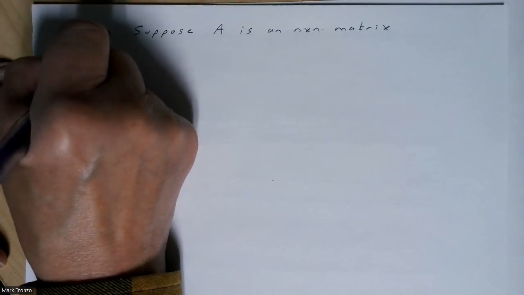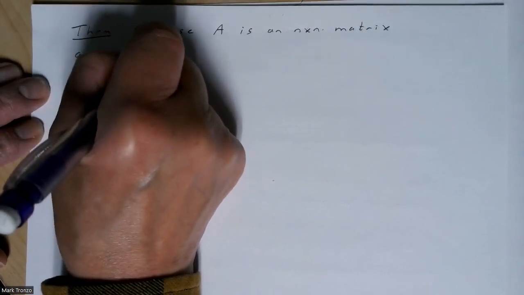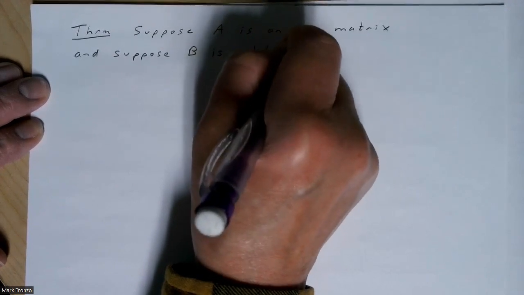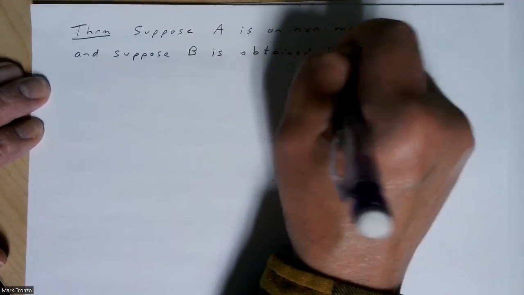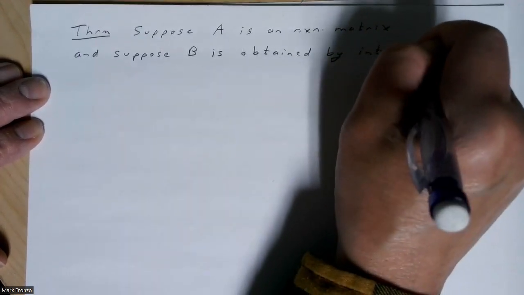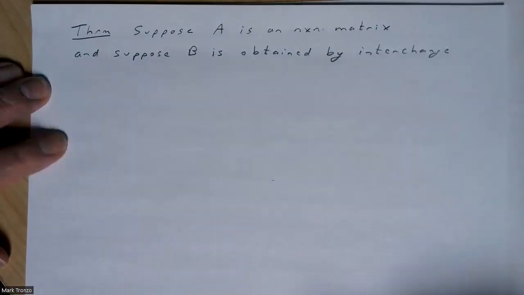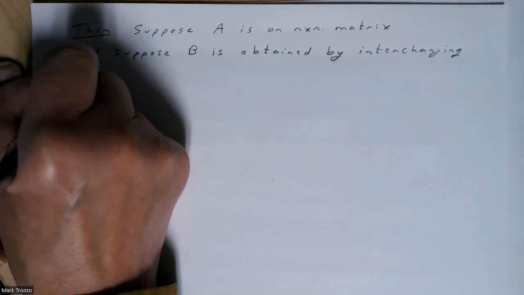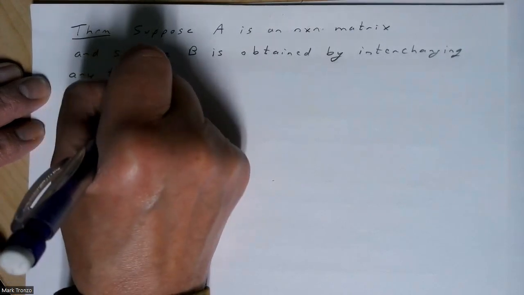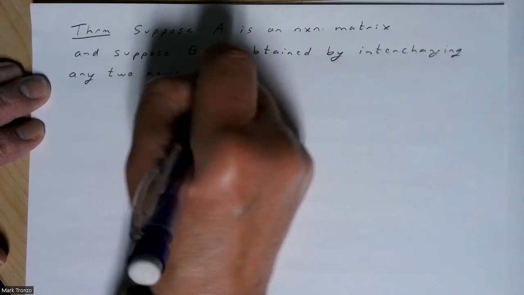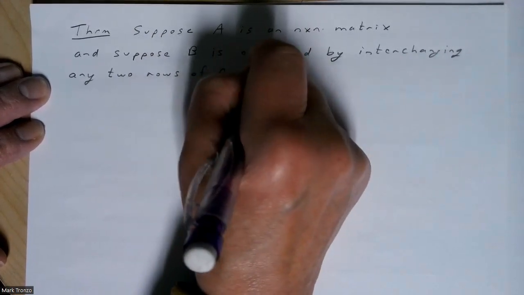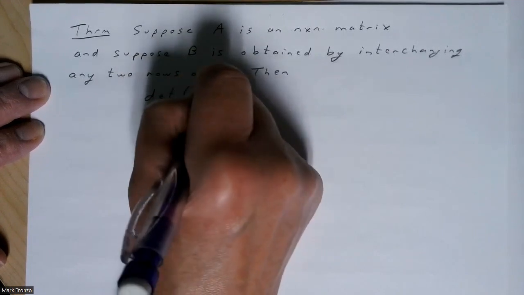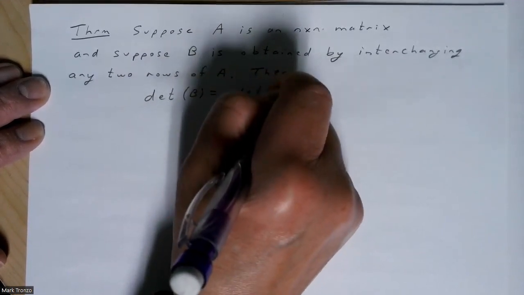And suppose B is obtained by interchanging any two rows of A, then the determinant of B will be negative the determinant of A.